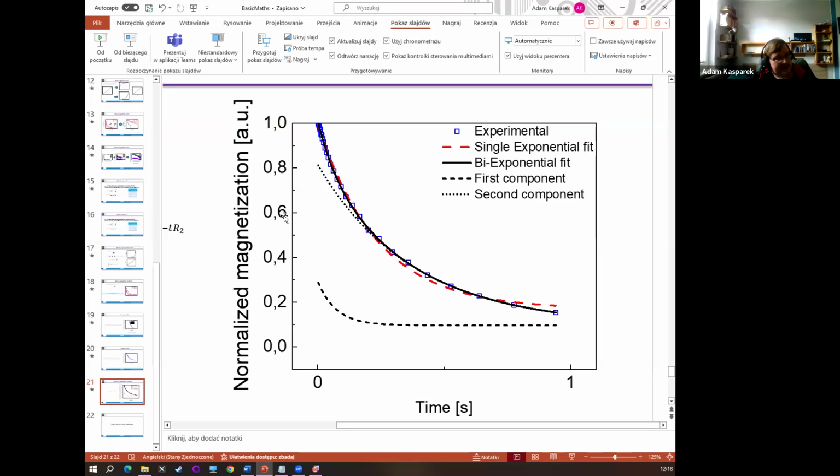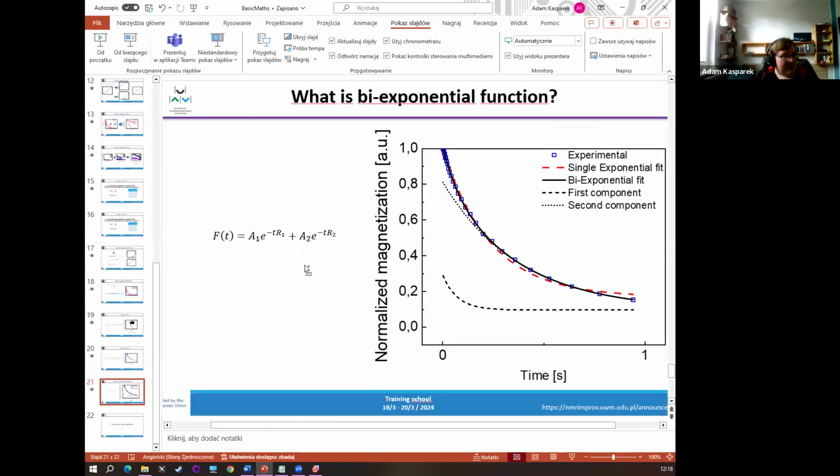But we need the first component at the smaller times to explain the results. For that reason, we have to use this bi-exponential function, which is simply the sum of two exponents.